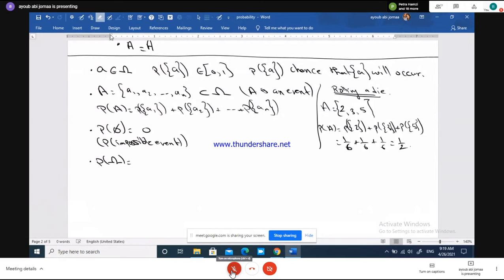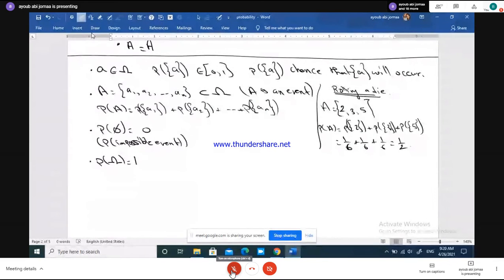So again, the probability of an impossible event is equal to 0. What is the probability of the sample space? What will be the probability of omega? It is 1, 6 over 6. In this example the probability is 1.